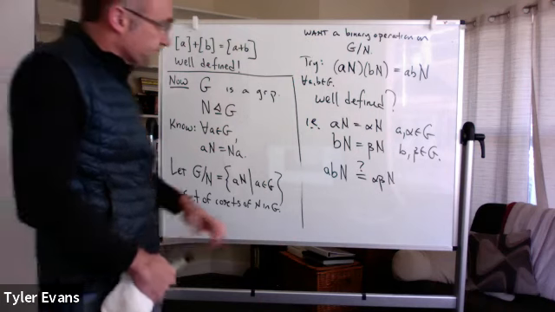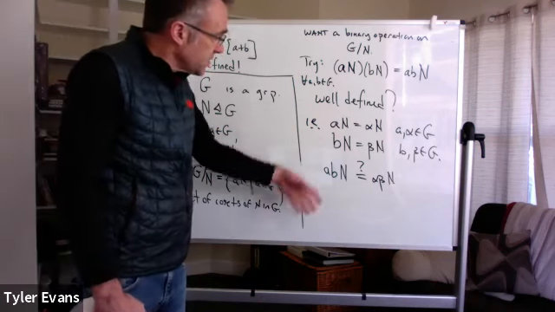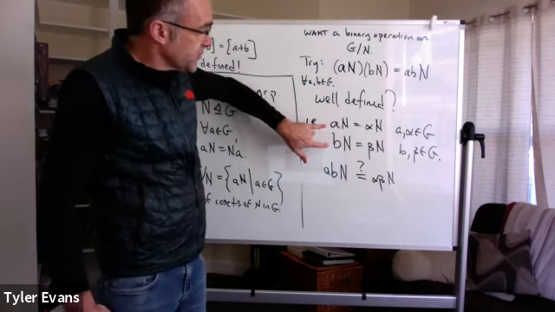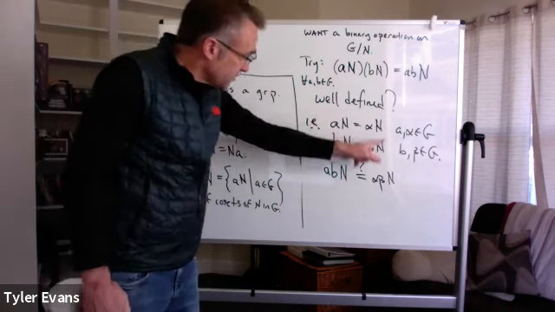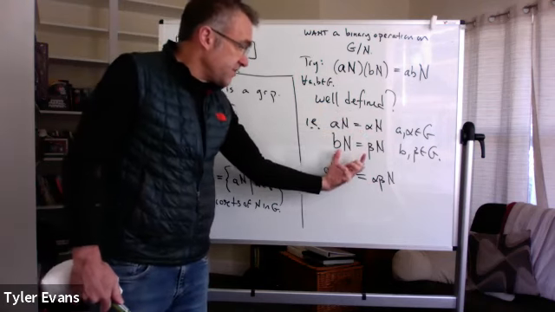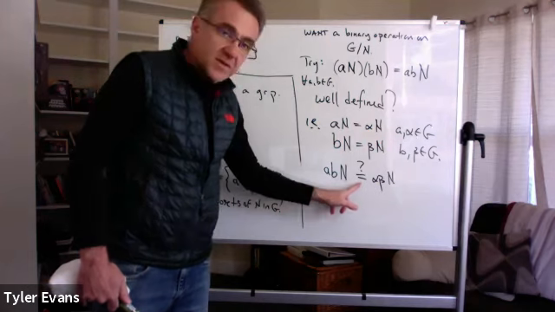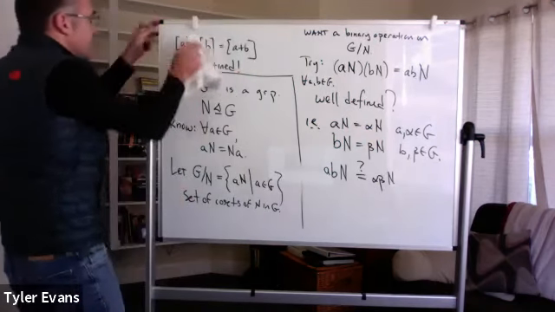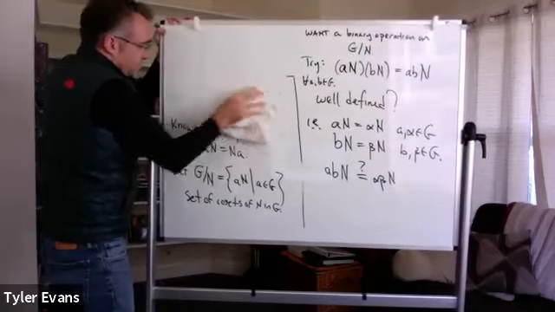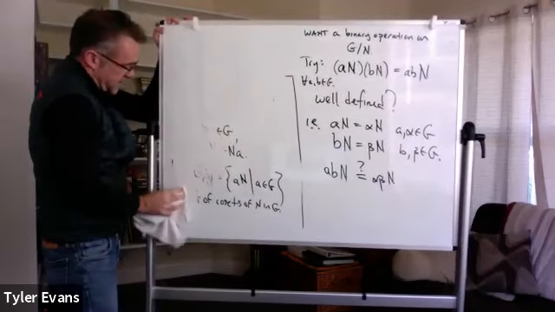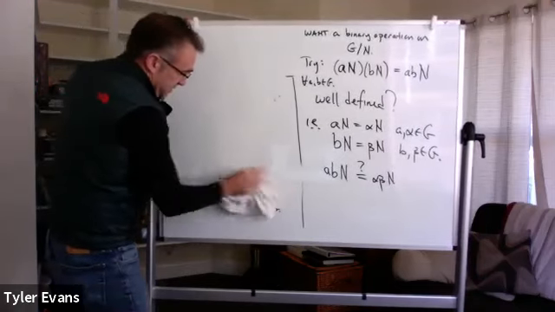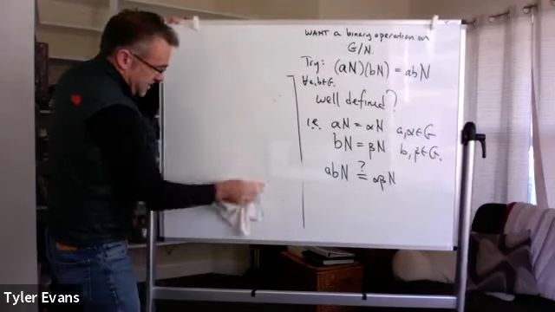I'm going to use this notation since the board is small. I want to show that this operation is well defined. So I've got a couple of cosets that have different representatives, A and alpha, B and beta. This is the equation that I want to demonstrate. So let's remind ourselves, what does it mean that A and alpha represent the same coset?